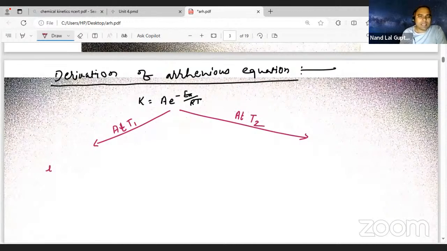So ln K at the T1 temperature will be K1. ln K1 is equal to ln A plus ln e to the power minus Ea upon RT1. Similarly, ln K2 is equal to ln A plus ln e to the power minus Ea upon RT2. This is the equation.